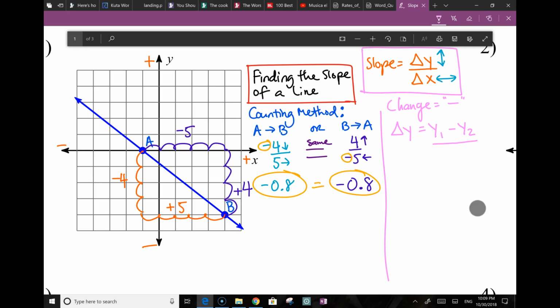You have to make sure though that when you do the changes of your x values, you represent it in exactly the same way as you did with the y's. So if you're going to subtract the first one minus the second for the y's, you must also do the same for your x's. So it's going to be the first x value minus the second x value. Okay, like that.